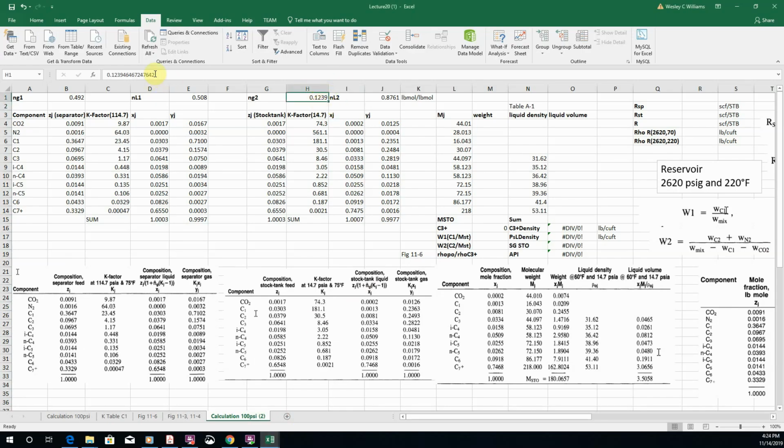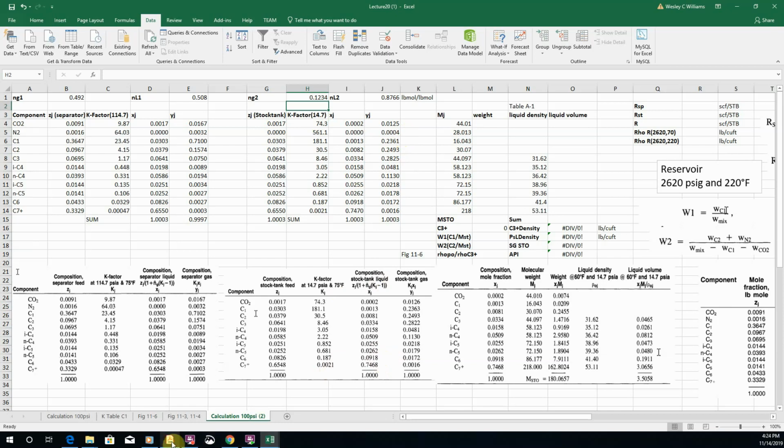We got 0.1239, which is virtually the same. So now our value should match out fairly well with what he's got, more or less. It's a little bit off. That's just the rounding error that we're going to get.